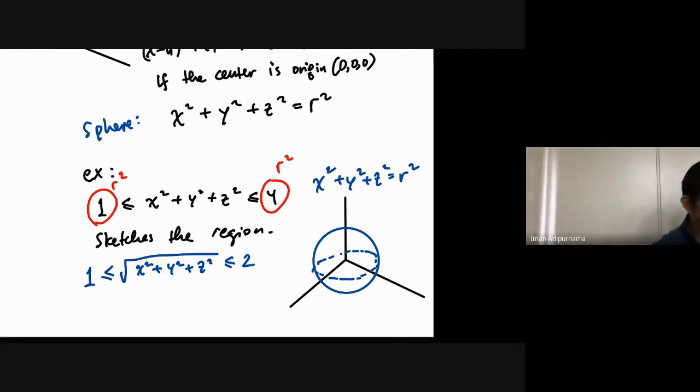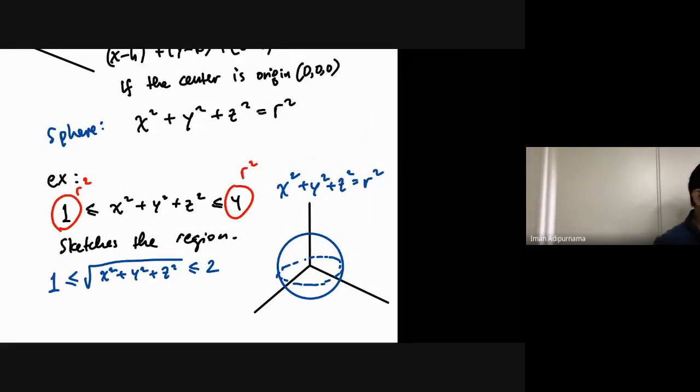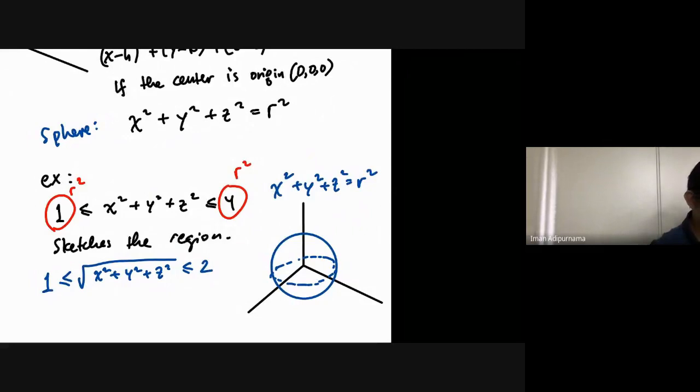Now the radius is from 1 to 2. If you look at the radius from here to here, all will be the same radius, right? So let's say we are looking at this line. Let's say this is 1, this is 2. So this will be 1 to 2.